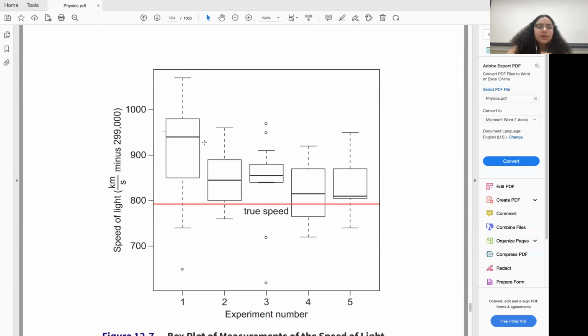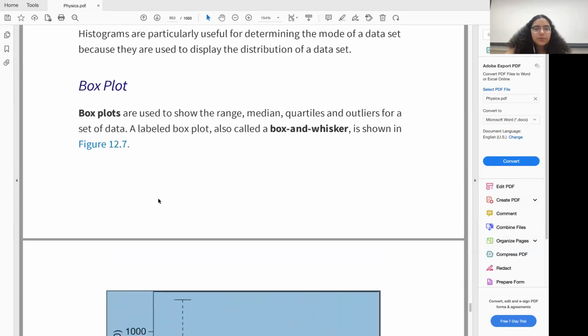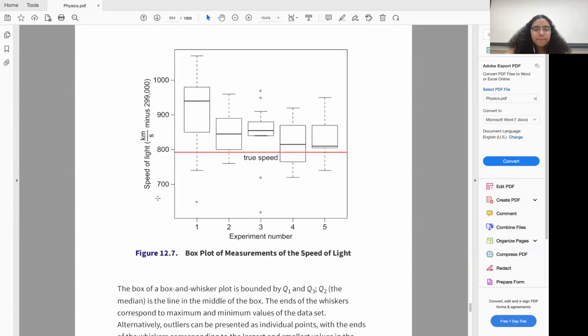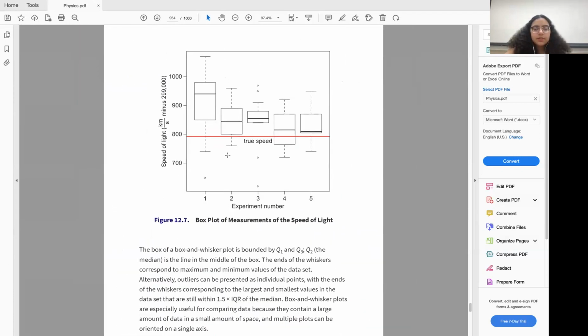So like median, and then the median of the top half. So that's Q3, Q1 here, the median of the bottom half, and then the range. So the highest and the lowest numbers. These tails are called the whiskers. I think it's called a box and whisker plot as well. So you can get a lot of data out of there.